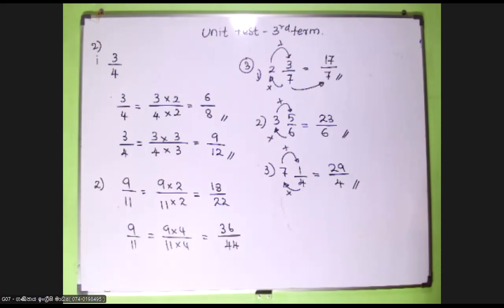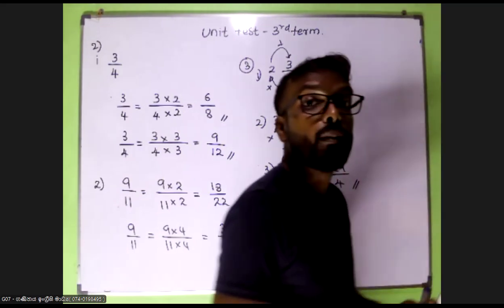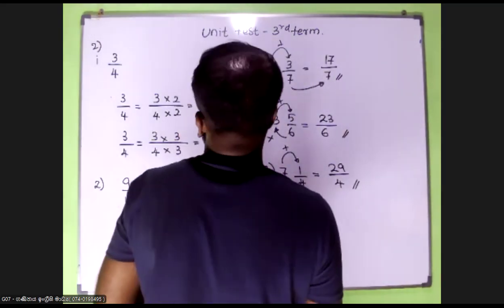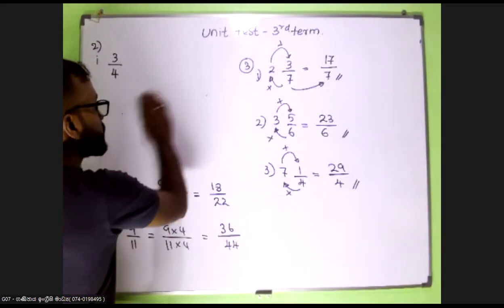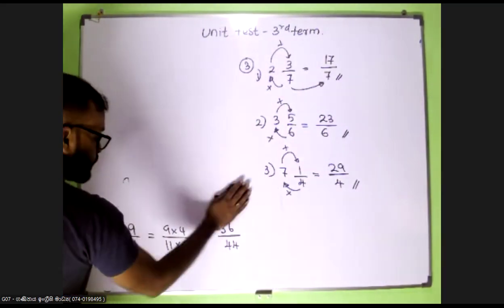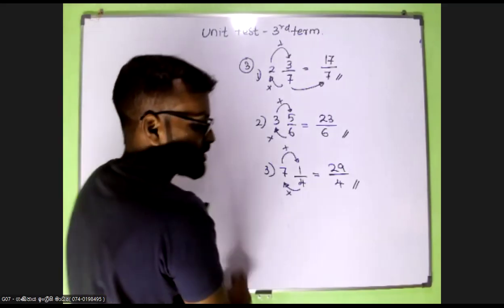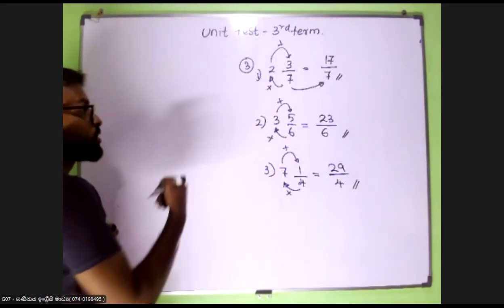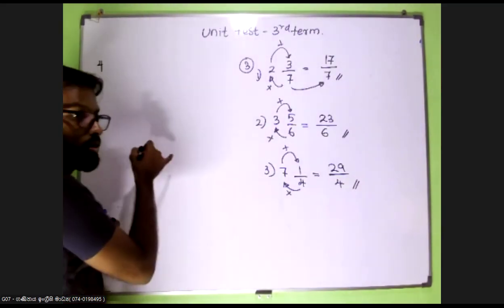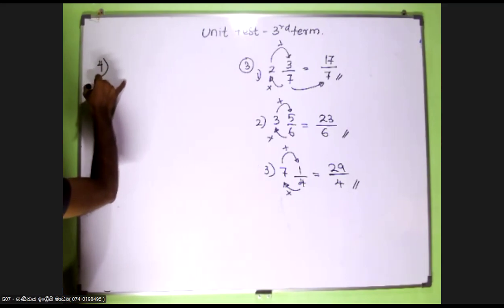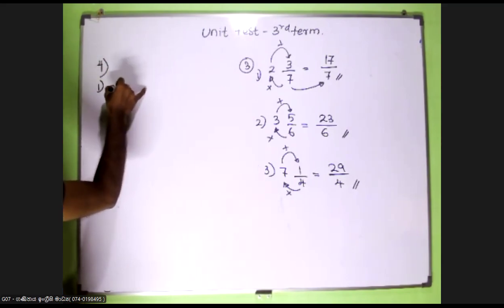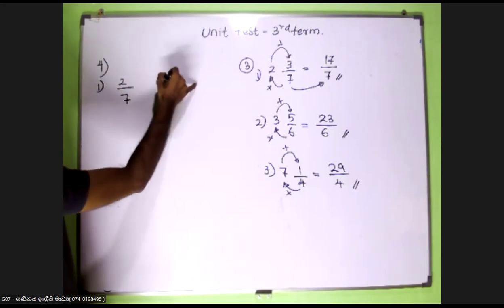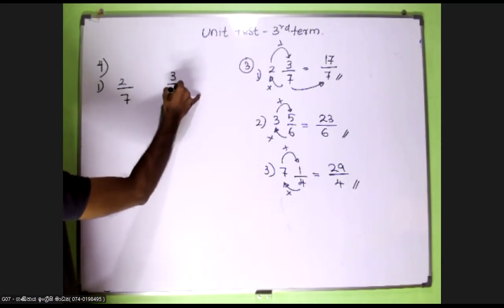Now, fourth question, right? You have to compare the fractions, and you have to put which side is bigger and which side is smaller, right? Fourth question, first part. There are two fractions like this.